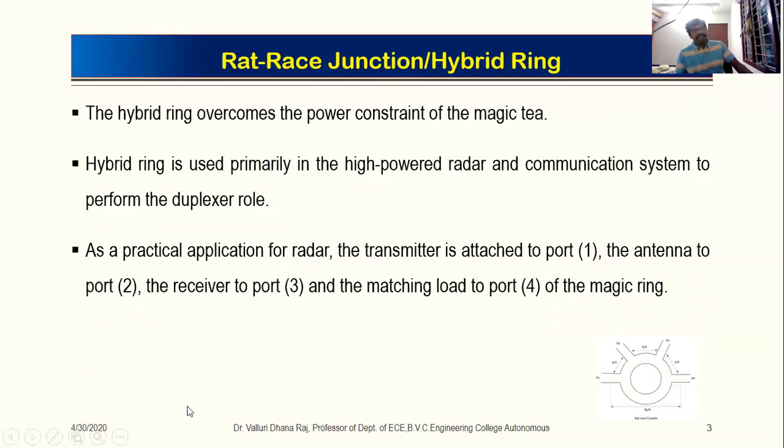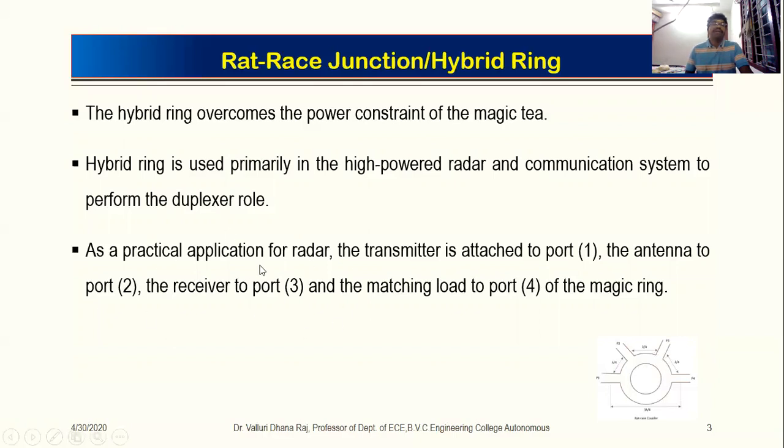Means the received reflected echo power should not reach the transmitter, and in the same lines, when I'm doing transmission, the power should not reach the receiver. That is the main job. Why? Because the receiver is very sensitive. It cannot withstand even 1 watt of power for a certain period, because it is intended to receive very, very weak signals.